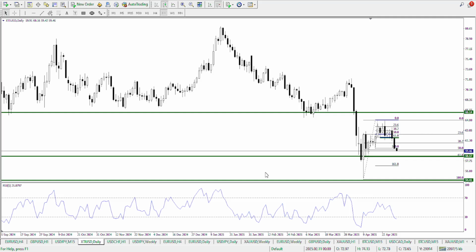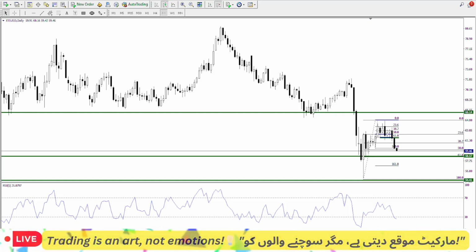Remember, those traders who wait for the market, let me display it for you. I usually display it in my live streams. I have started live streams right here, so I want to show you, and the live streams are obviously in Urdu. So right here, if you see, it says trading is an art, not emotions.